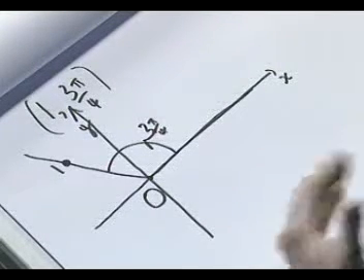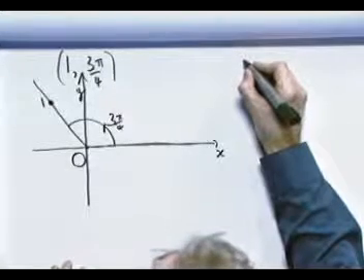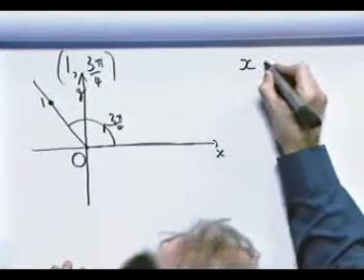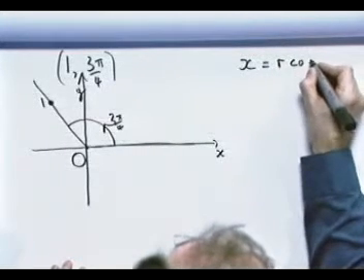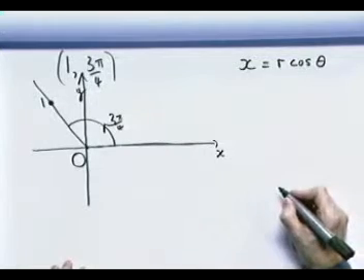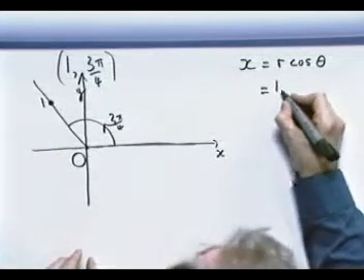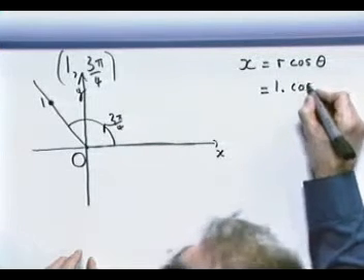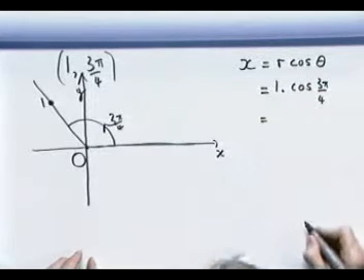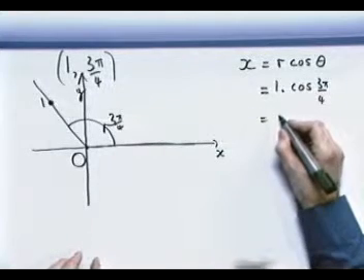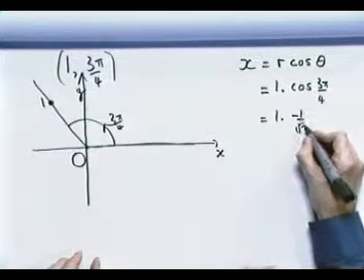Now, how are we going to work this out? Let's remember the formulae that we had. It was x equals r cos theta. So let's have a look at that. r is 1, and we've got cos of 3/4 of pi. And the cosine of 3/4 of pi is minus 1 over root 2.